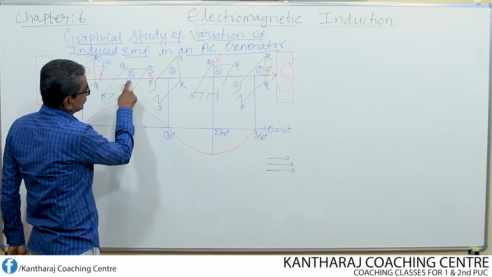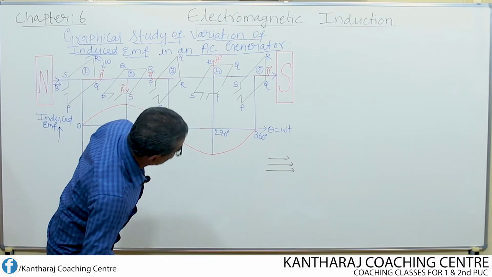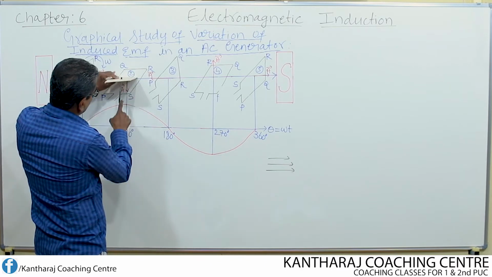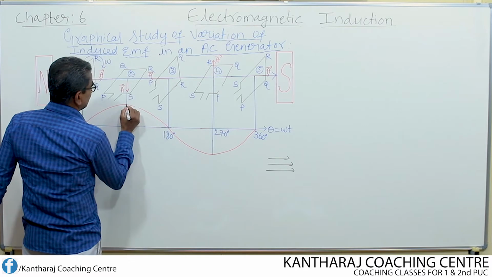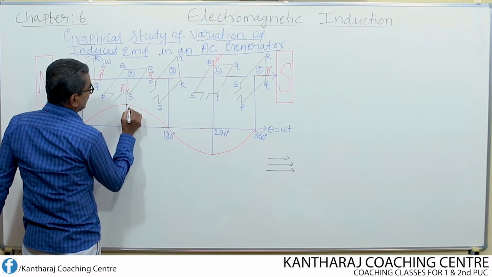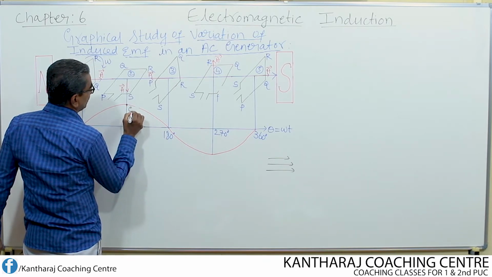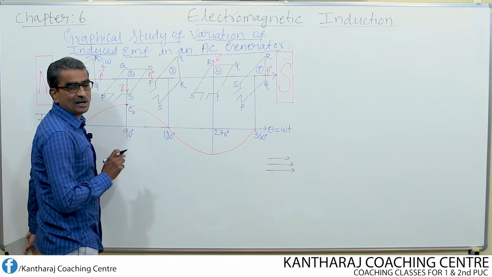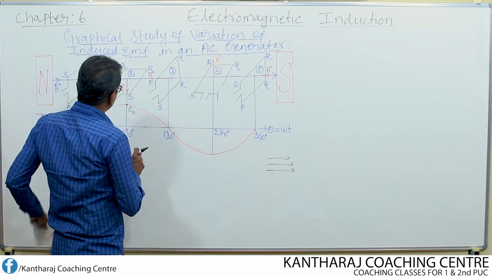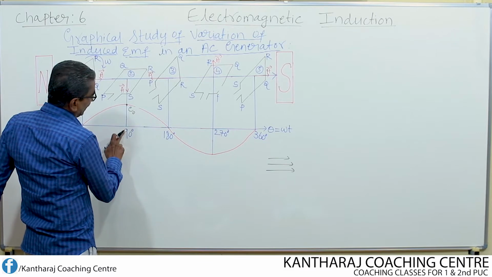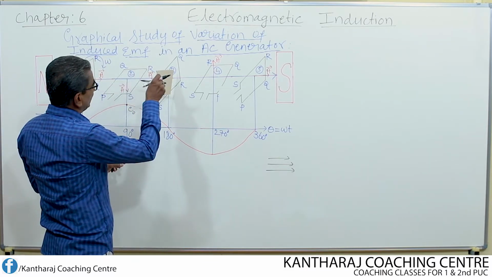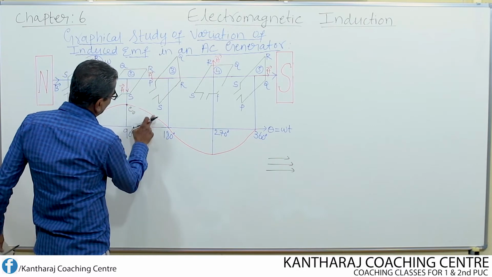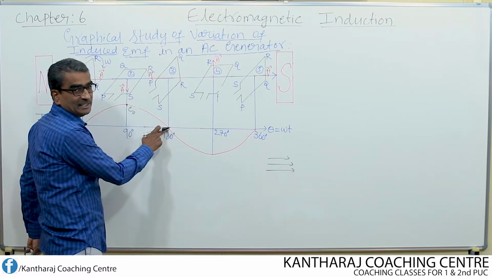That means when the coil is at this position, induced EMF is maximum. So let us write this. This is the induced EMF and this induced EMF is maximum and it can be represented by either E0 or E maximum. Next, again when the coil is rotated from 90 degree to 180 degree, the magnitude of the induced EMF is continuously decreasing.